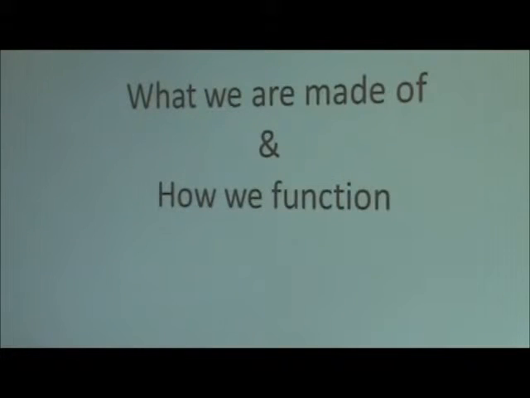In order to understand this whole thing, I think it's important to have this idea that the 5 aggregates in one way explain what we are made of. At the same time, they explain how we function. So each aggregate has these 2 aspects: the constituents of a person, and at the same time the basic force that is functioning there.